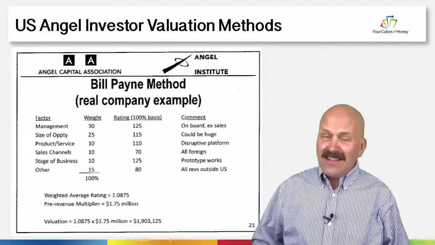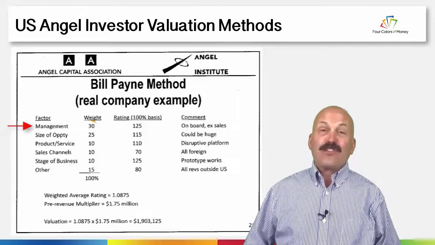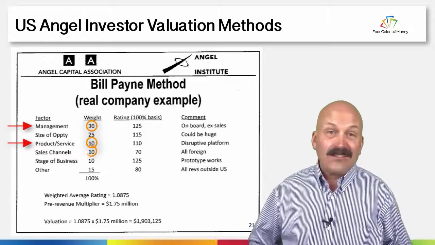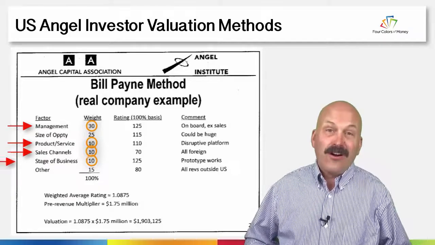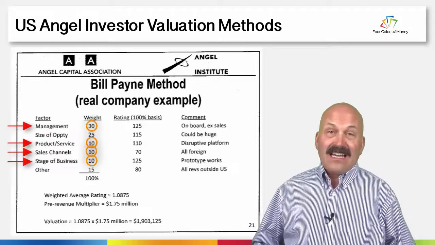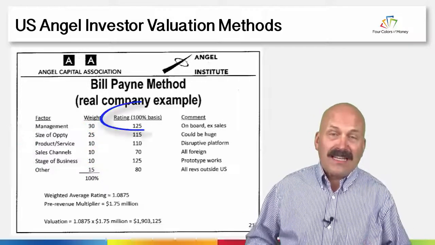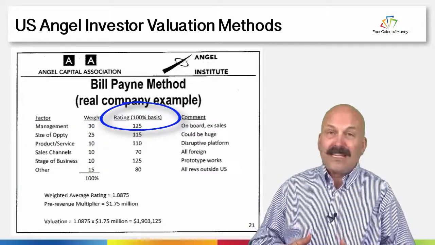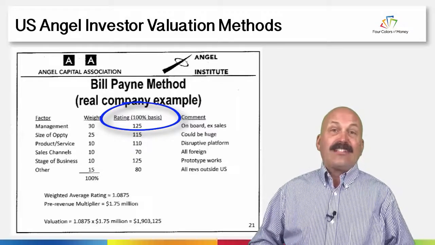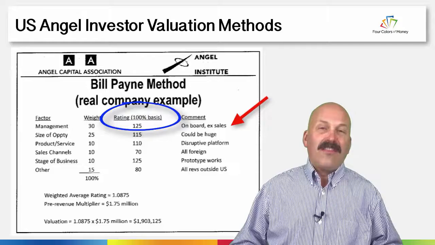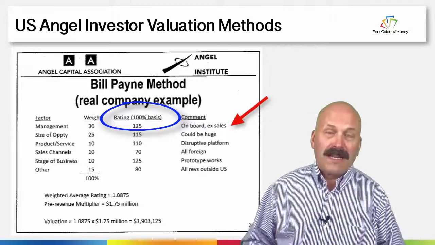So you can see that management actually has 3 times the weight of product or sales channel or how far along the business is. And each of these factors is given a plus or minus, a percentage, 100% plus or minus. And as you can see here, there are comments to justify that plus or minus.